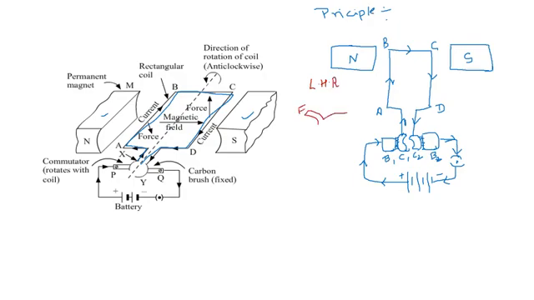Then my other finger, what you call the index finger, shows the direction of the magnetic field, and the middle finger will show the direction of the current. So what did I tell you?